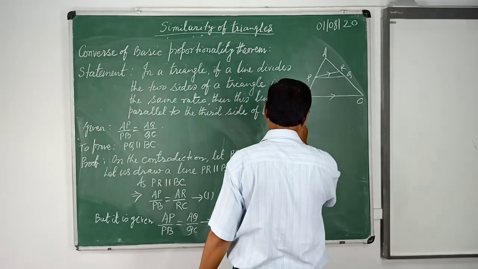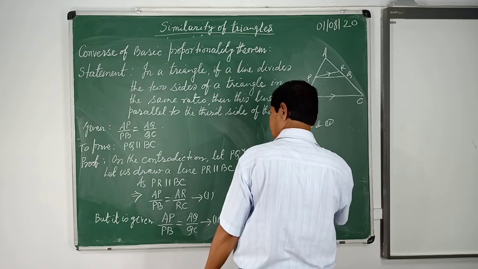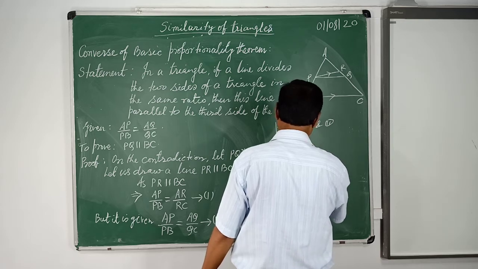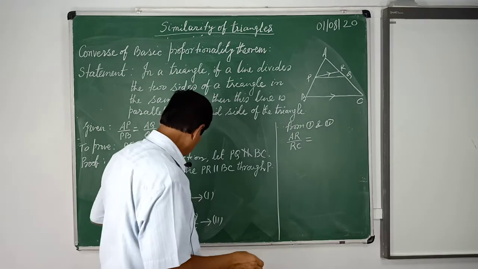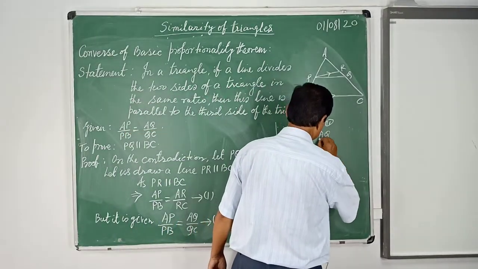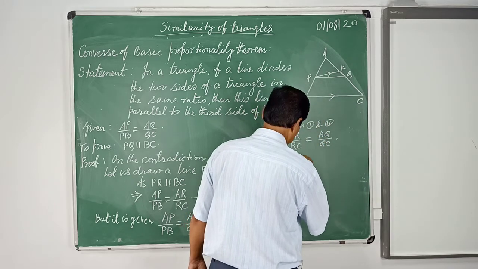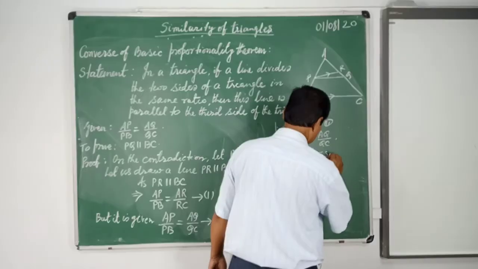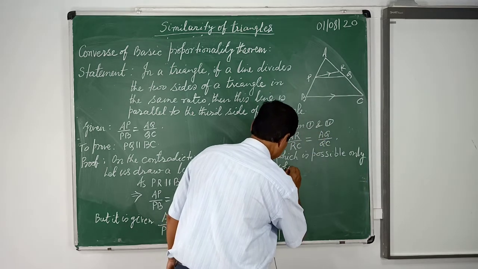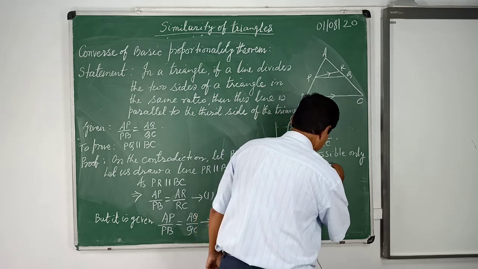Therefore, from 1 and 2, AR by RC equal to AQ by QC, which is possible only when Q and R coincide.